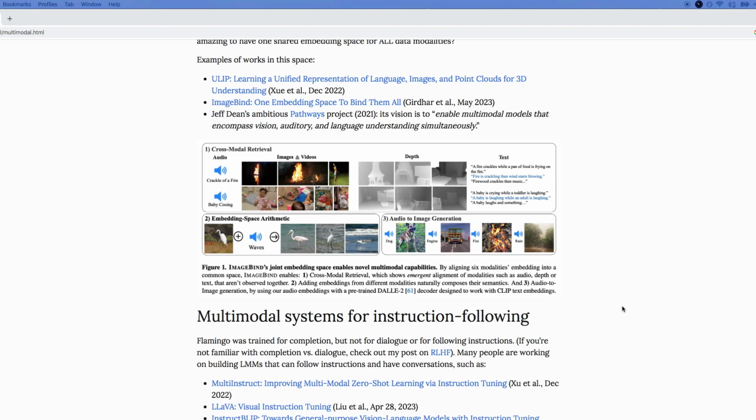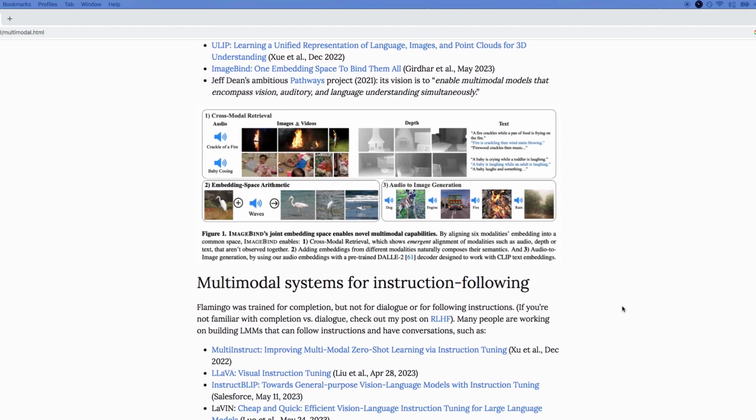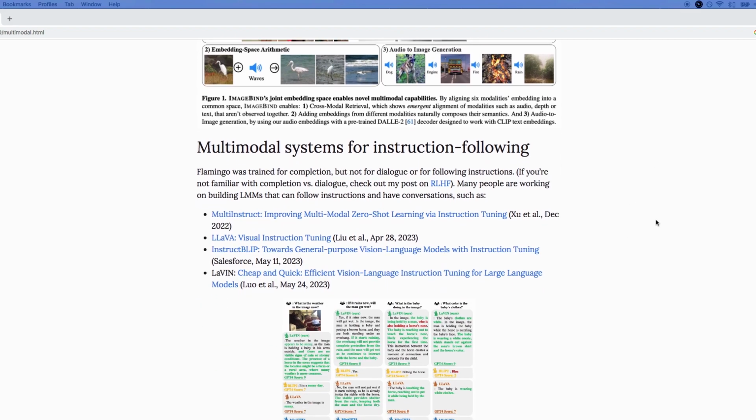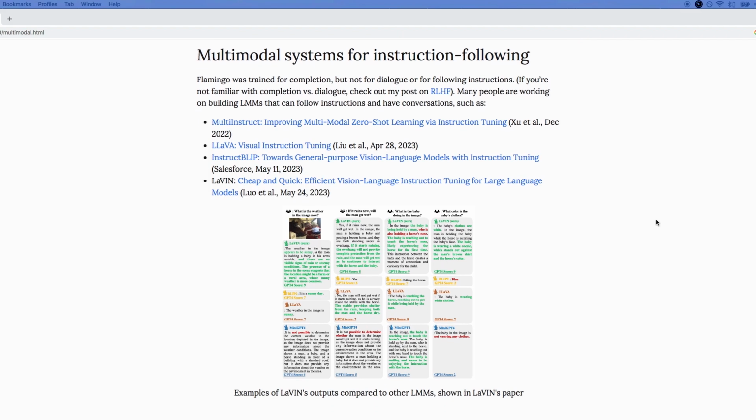Examples of works in this space: ULIP, learning a unified representation of language, images, and point clouds for 3D understanding, Xue et al., Dec 2022. ImageBind, one embedding space to bind them all, Girdhar et al., May 2023. Jeff Dean's ambitious Pathways project, 2021. Its vision is to enable multimodal models that encompass vision, auditory, and language understanding simultaneously.